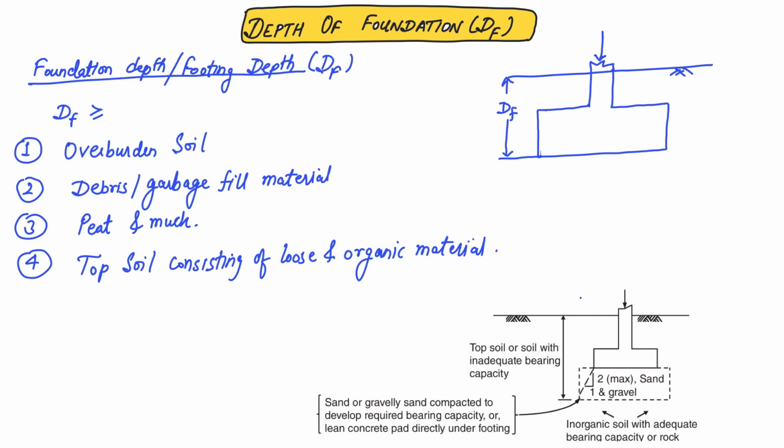Therefore, you have to note down here that wherever frost action is present, in that particular case the depth of foundation should be kept more than the depth of frost penetration.